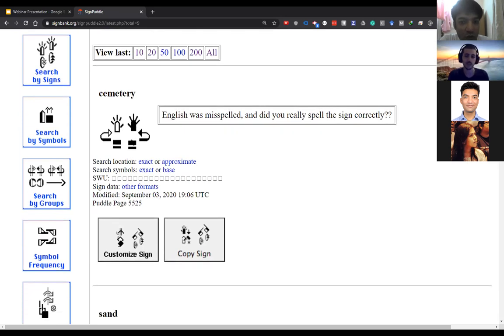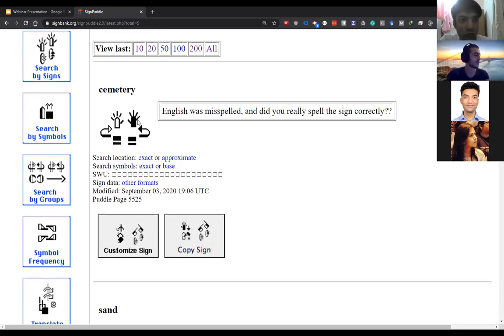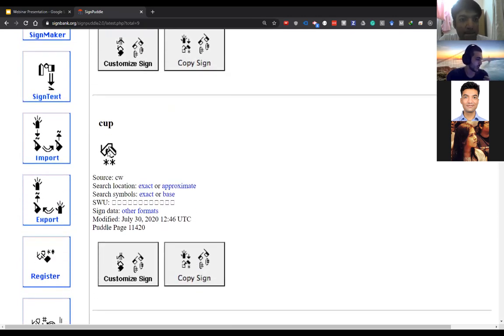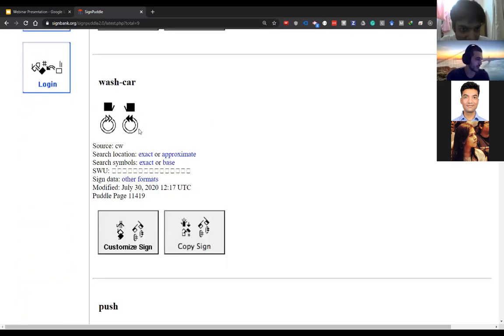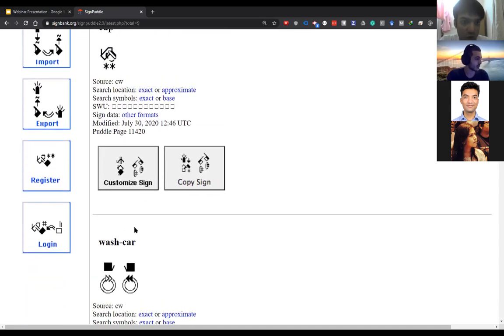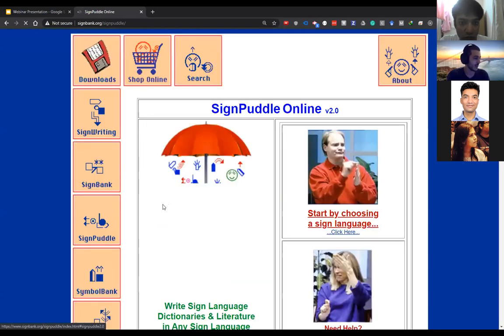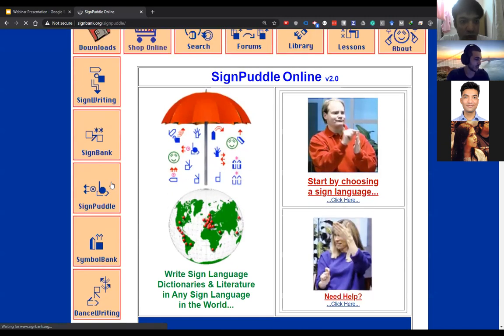But this is a system where you don't have to write the face, for example, for this one, because there isn't a face for this one. Or this is how you do sand, or cup. And this is not standardized, right? This is specific to, let's say we use it and we write our own symbols, or are these standard symbols? These are standard symbols. So there is actually in this website a system to write this kind of thing.